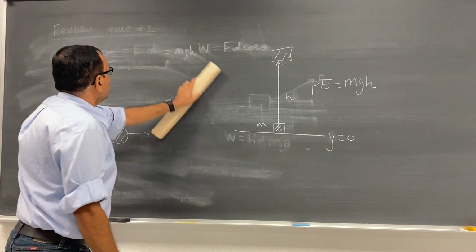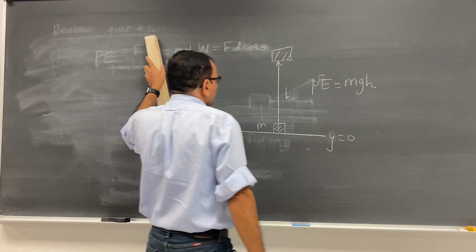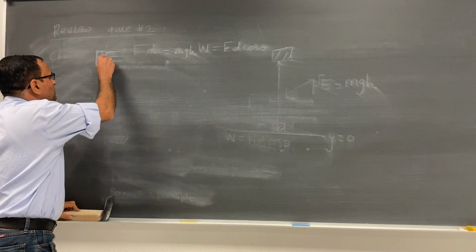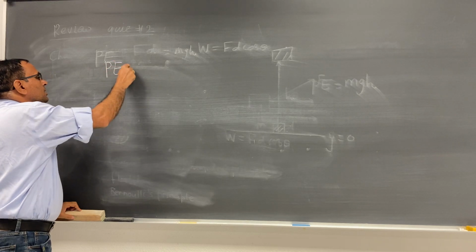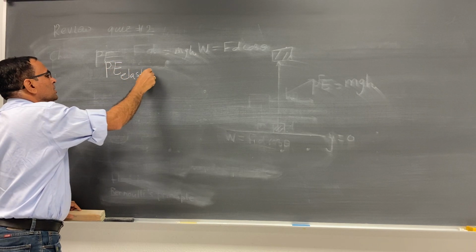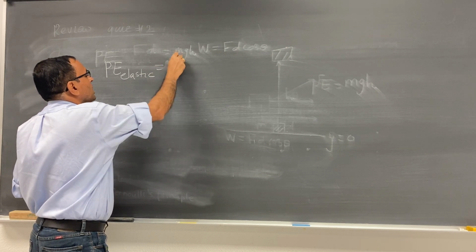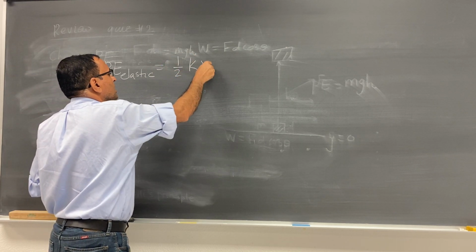And there is another potential energy we call the elastic potential energy. The formula for the elastic potential energy you can write as 1/2 kx squared.